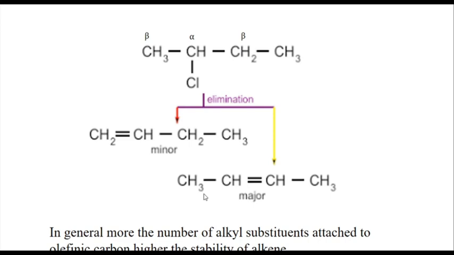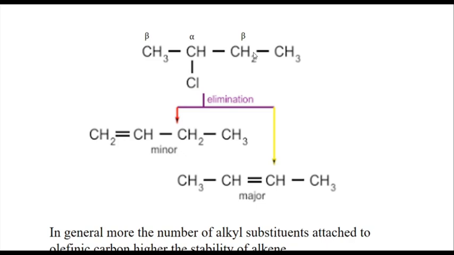Okay, so according to the Saytzeff rule, the beta elimination takes place at the carbon which has the lesser number of hydrogen. Okay, so here it has 3 hydrogen, here the carbon has 2 hydrogen.